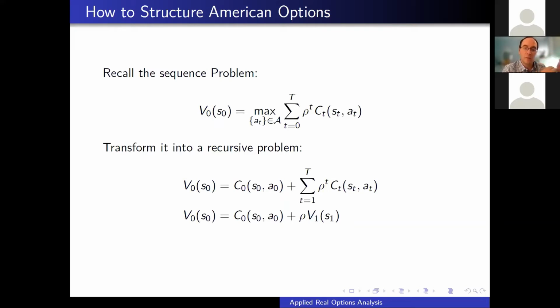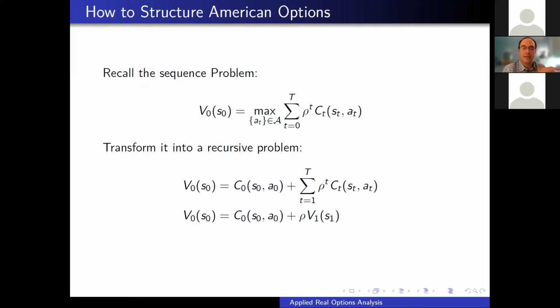Let's assume that we have a sequence of actions and we fix it. Now we can begin pulling apart the summation. Our value V sub 0, that's the value in the initial state S sub 0, is now equal to the cash flow in the initial state, given the initial action A sub 0, plus the discounted sum of the future cash flows.